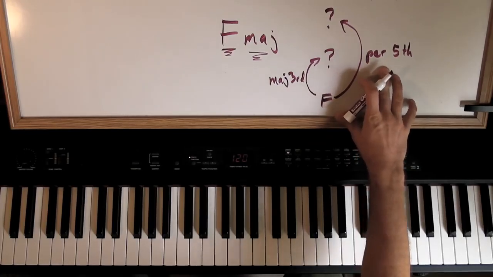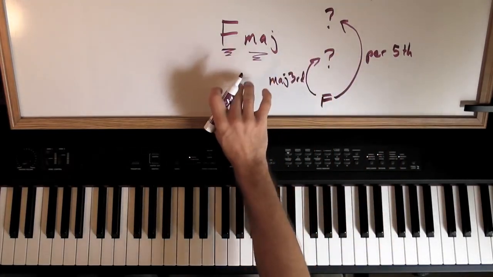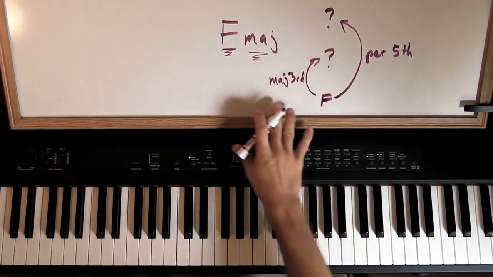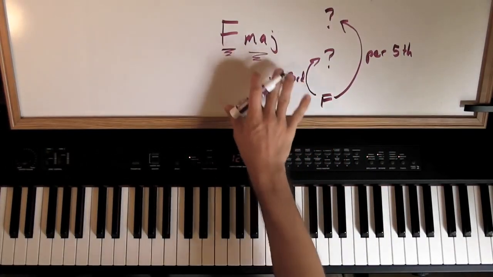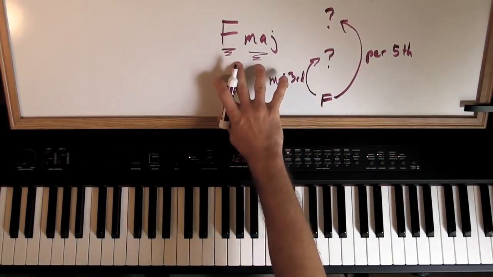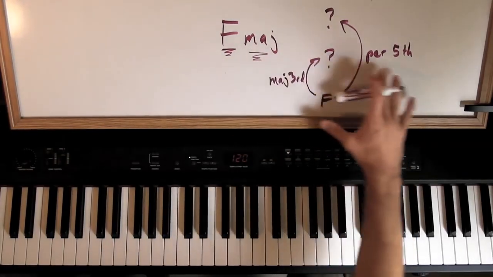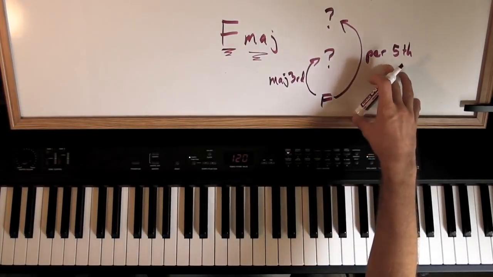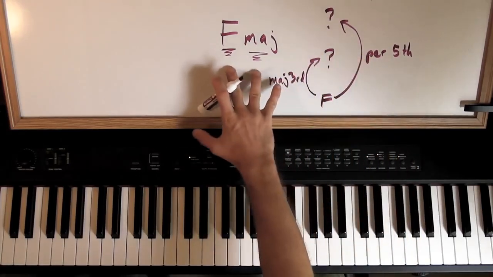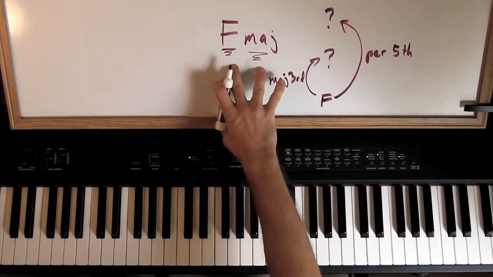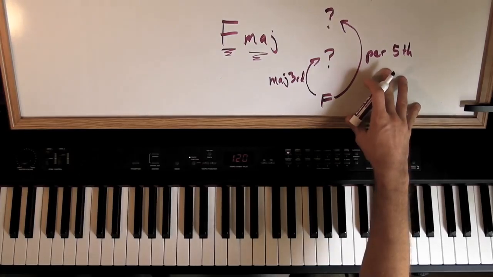But first you may be thinking, okay, I understand how this would be telling you that you need to do a major third. That sort of makes sense. But there's nothing in this chord name that really says anything about a perfect fifth. So how do I know that I'm supposed to do a perfect fifth? Just about every chord you do is going to have a fifth in it.